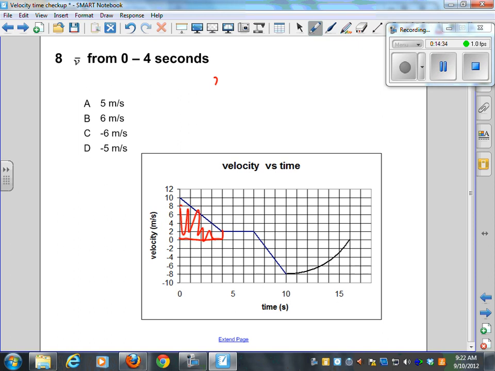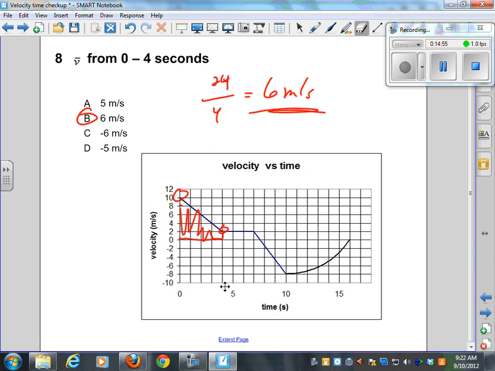It's 24, right? Divided by the time, which is 4 seconds, which is 6 meters per second. It just happens to be, but that's the way you got to do it. Okay? You can't just take that one and average them together. Okay? You can't do that.